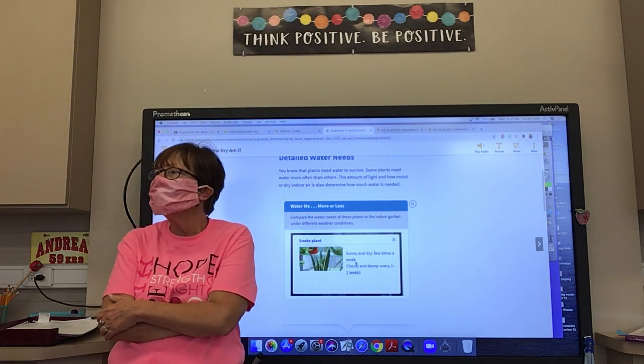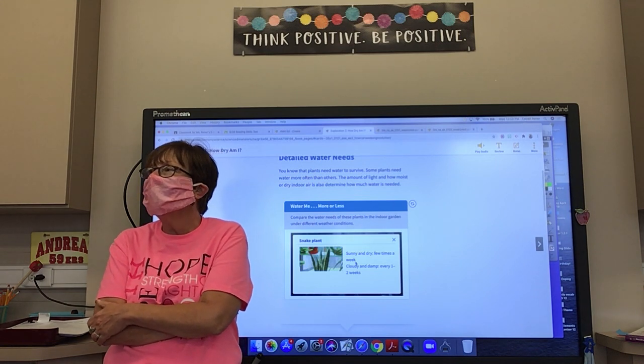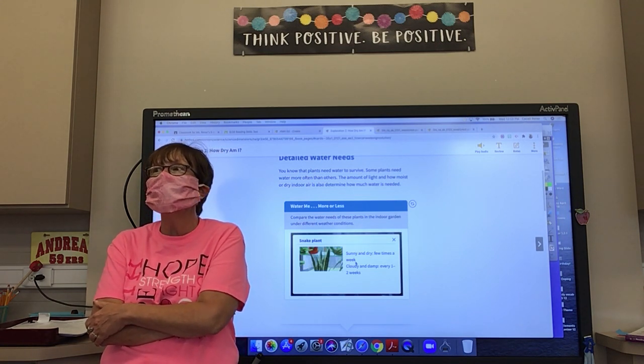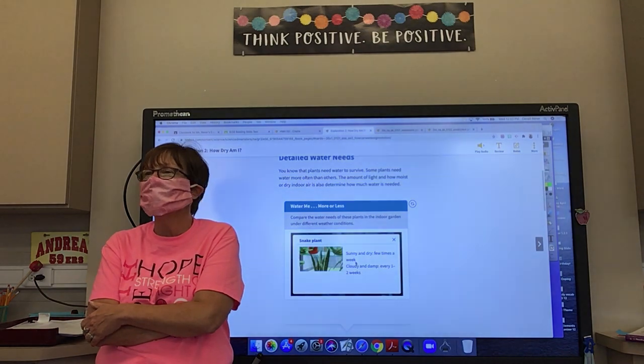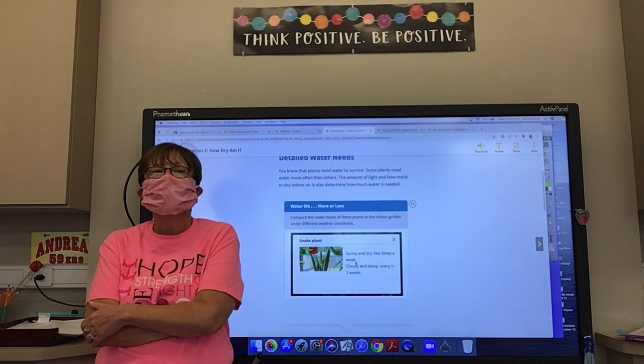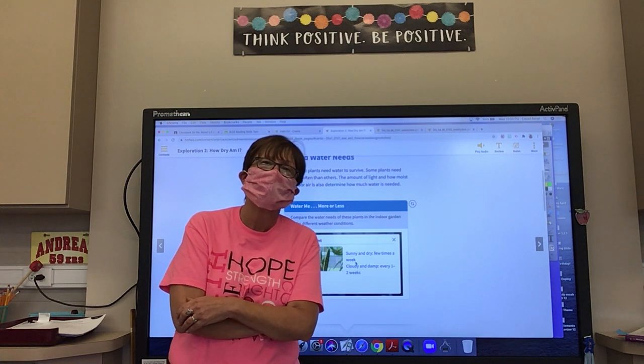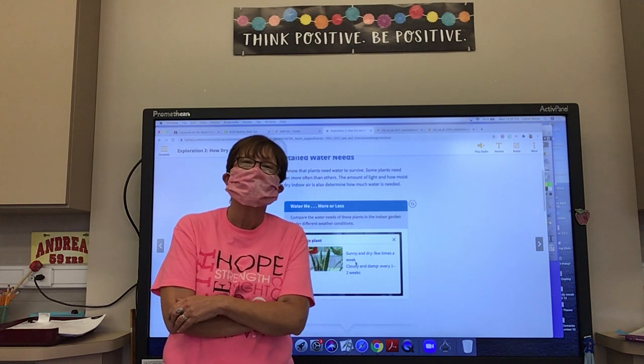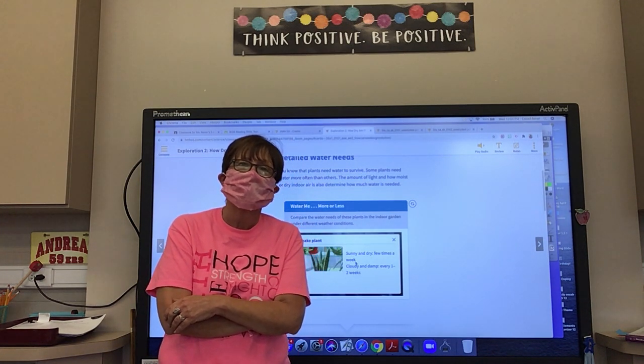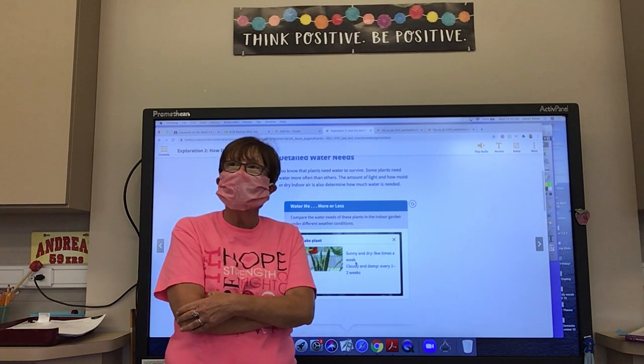Okay, what other factors might affect an outdoor one that you don't have in an indoor irrigation system? Logan? If it rains outside, it will get watered, but the inside wouldn't, because it doesn't rain in the school. It rains outside, so yes.